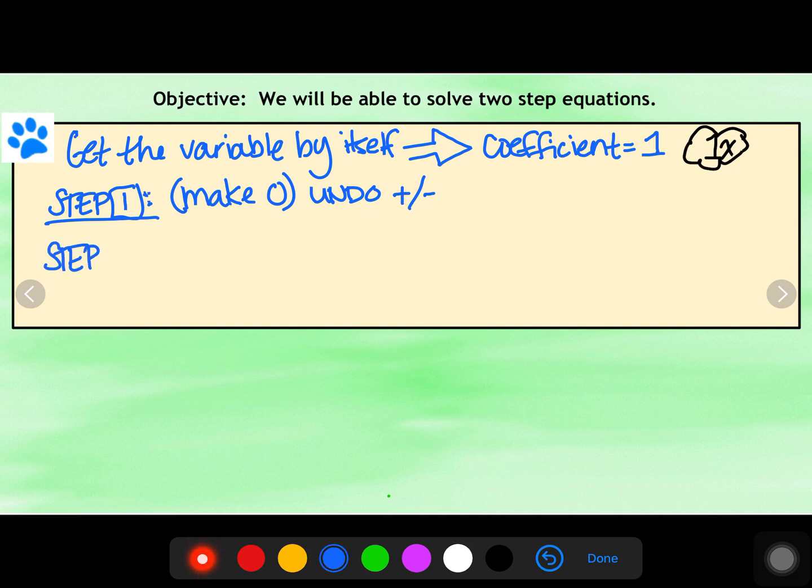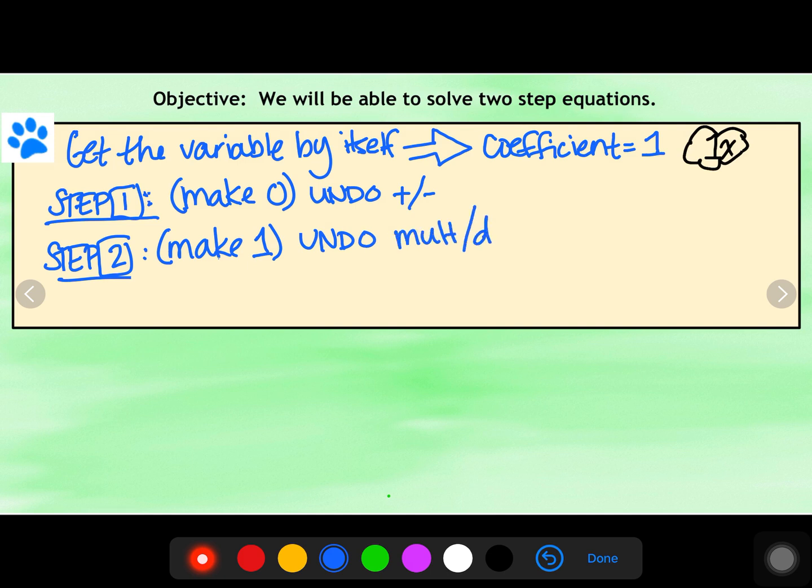Okay. Then for step 2, once we've done that, we can make 1. And we make 1 by undoing multiplication and division.